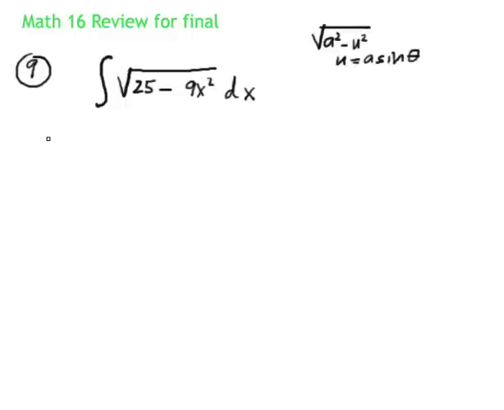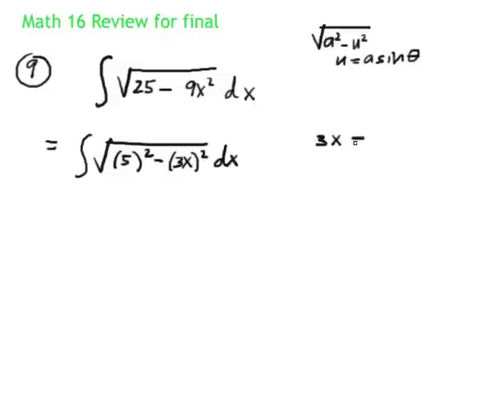So in our case we have 5 squared minus 3x squared. So we're going to do 3x is equal to 5 sine theta. Okay, or 3 dx is equal to 5 cos theta d theta.